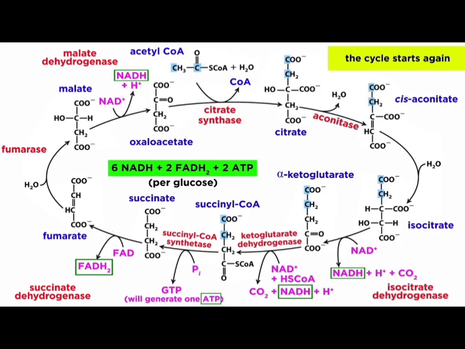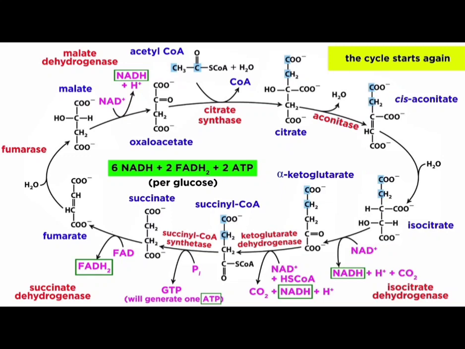But we get another pyruvate molecule from glycolysis, and that pyruvate will again be oxidized into another acetyl-CoA molecule, and it will fuel another Krebs cycle. Therefore, if you get two pyruvate molecules from glycolysis of one glucose molecule, then you will surely get two acetyl-CoA molecules.